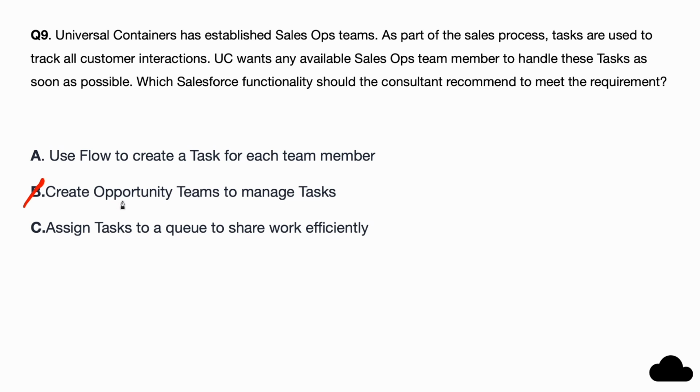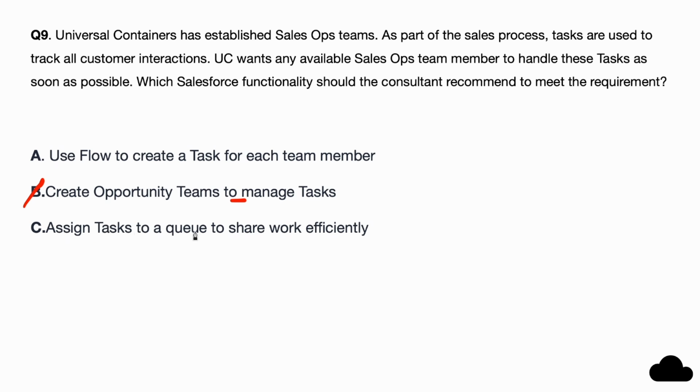You create the opportunity team to work on an opportunity. By default, you could manage tasks within it, but that's not the goal of the opportunity team. So if you just need to manage tasks, you don't need to create an opportunity team. So B is not the answer.